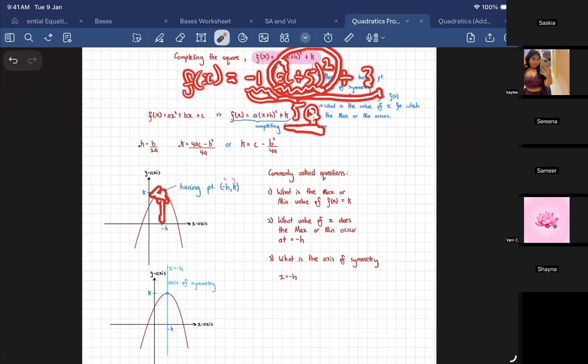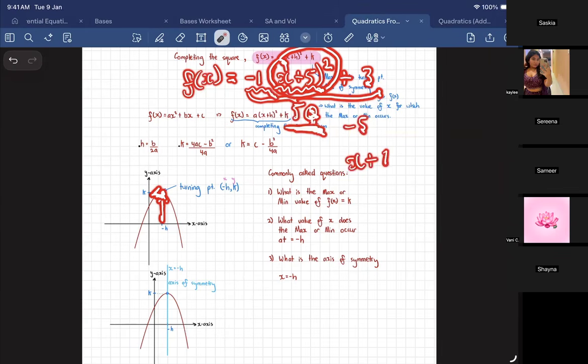Would you say negative 47 is high or low? It's low. So I have a question for you. What would happen now if x is minus 5? Inside the bracket you have x plus 5.